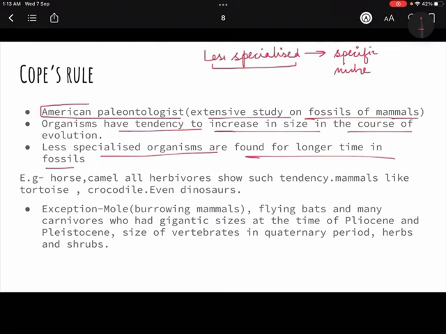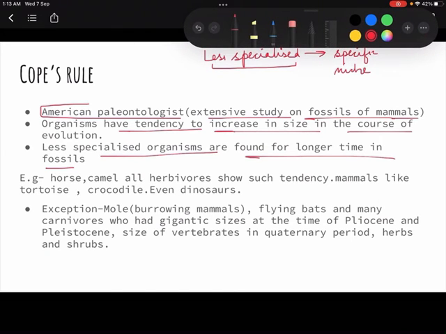then you're prone to get extinct if the environment doesn't support you. For example, in case of dinosaurs, in case of the deer whose antlers were very specialized at one point. If you specialize a lot, and if the environment does not favor you, it is difficult. So less specialized species will remain for a longer time.